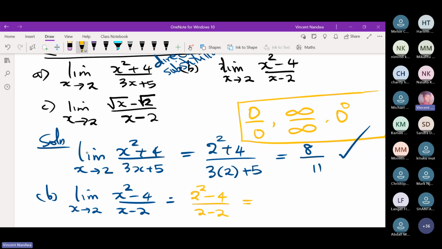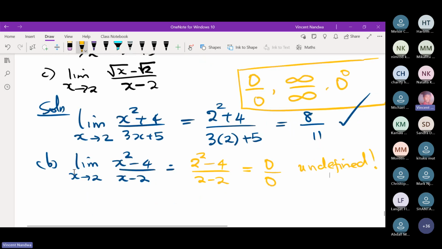And what is 2 minus 2? 0. So when you get 0 over 0, then actually you are in a hole. The direct substitution does not work because 0 over 0 is undefined. So because of that, direct substitution is not the appropriate method to compute this limit.